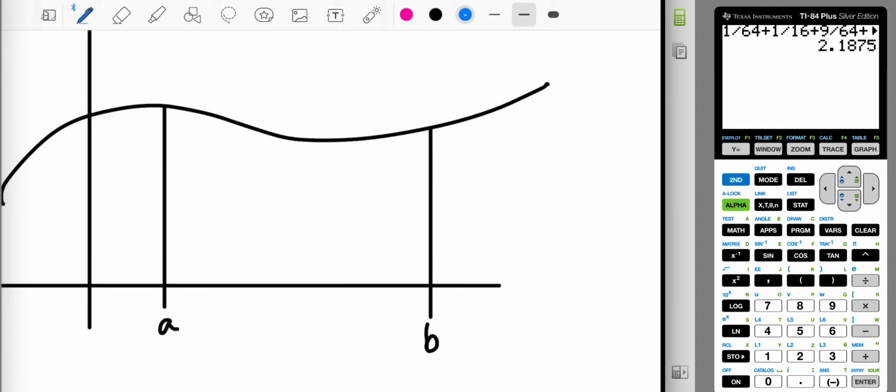I'm going to draw n rectangles. Here's one, or an attempt at one. A little wonky, but hopefully you see what I'm going for here. Just populating the entire interval.